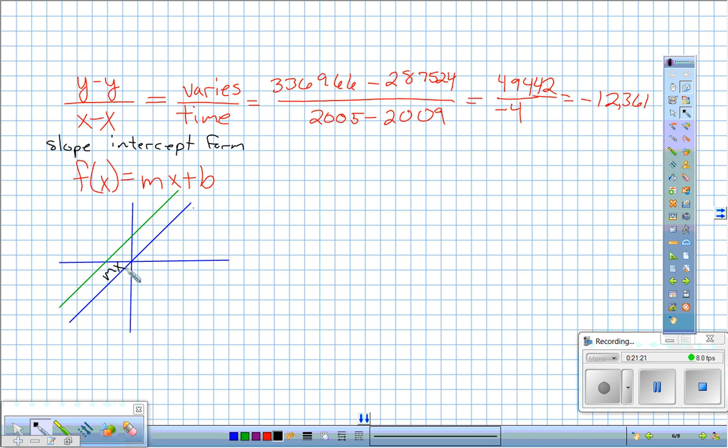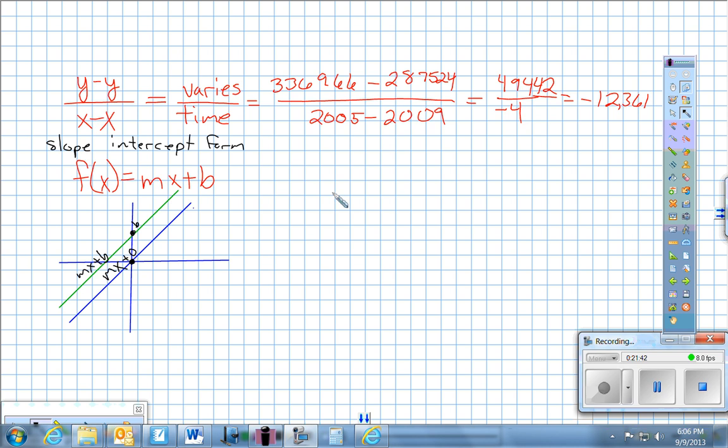This here is just mx because it goes through 0, 0. So basically plus 0, but we don't write that. If this was our b here, this would be mx plus b. So we have to go through and find our slope and find our y-intercept.